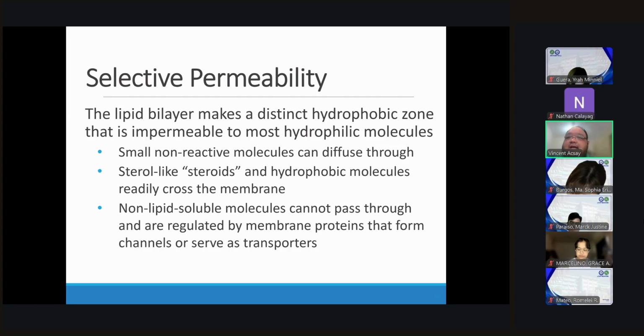Small non-reactive molecules may be able to diffuse through. Sterols like steroids and hydrophobic molecules can easily cross the membrane. But non-lipid soluble molecules cannot pass through because they have to cross a hydrophobic zone. In order for them to enter or exit, it has to be through membrane proteins that form channels, pores, or serve as transporters.